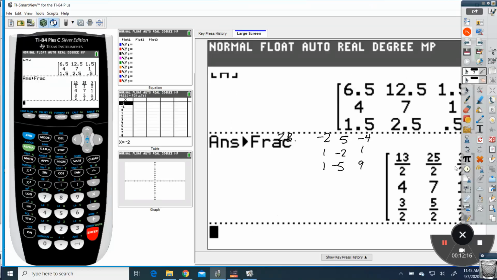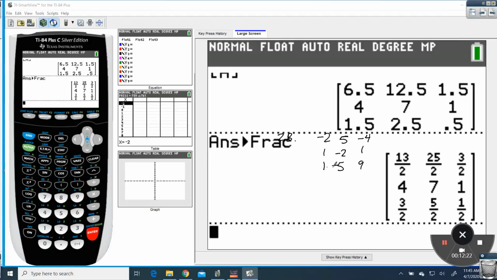And now there's my answer for the inverse of A. So the inverse of A equals 13 halves, 25 halves, 3 halves, 4, 7, 1, 3 halves, 5 halves, and 1 half. So that's all you have to do, and that's your answer, and you're done.